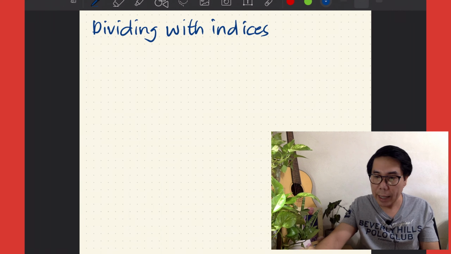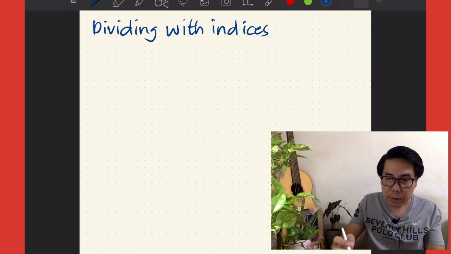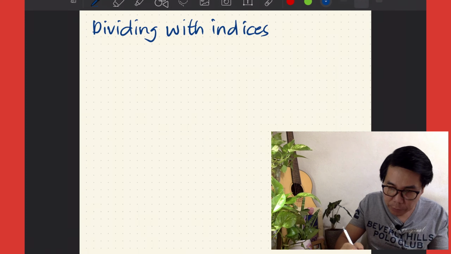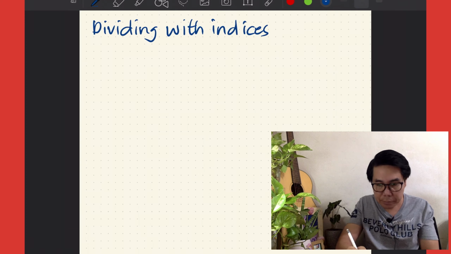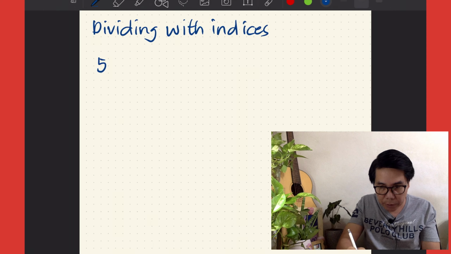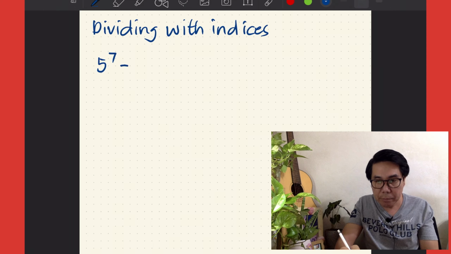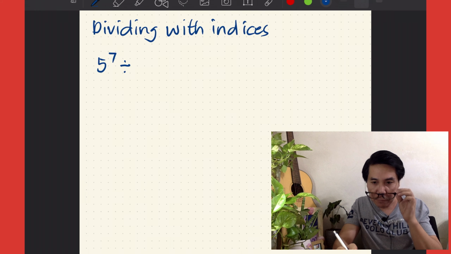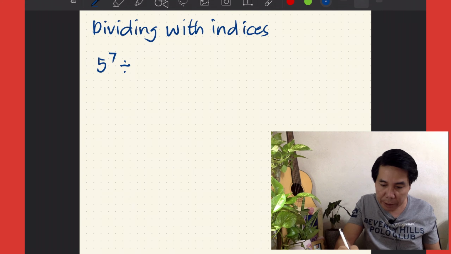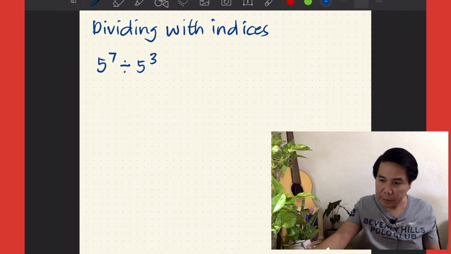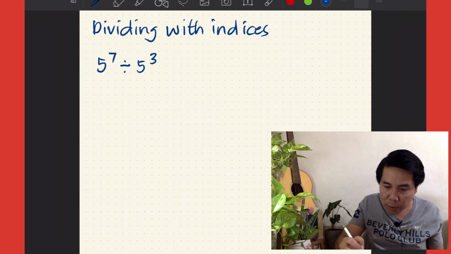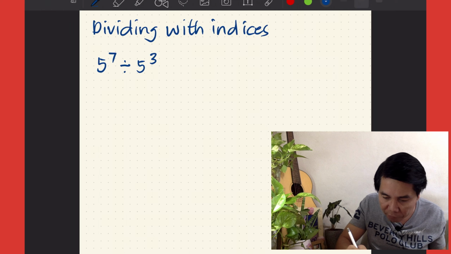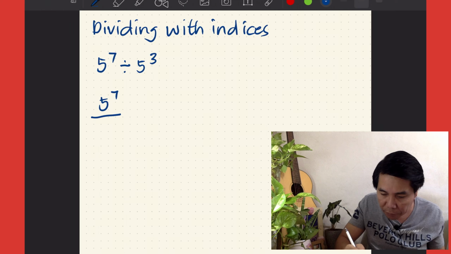Let's say we have 5 raised to the power of 7 divided by 5 raised to the power of 3. So what will be the answer for that? How do we do it? We have 5 raised to the power of 7 divided by 5 raised to the power of 3.